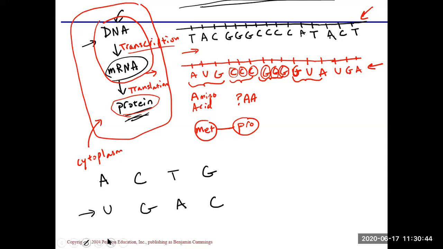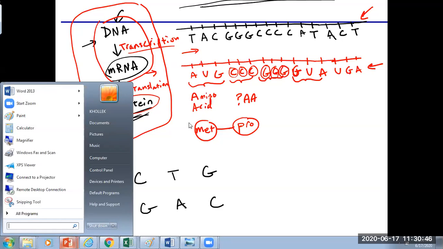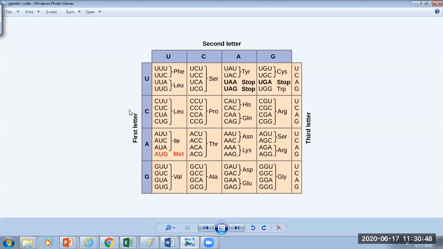So if I go back to the universal picture, the first letter was G. Notice that all of these in this particular row start with G. The second base was a G as well.